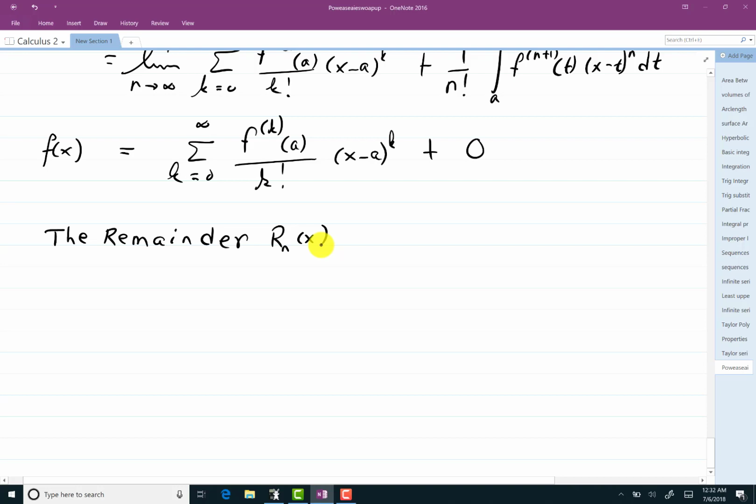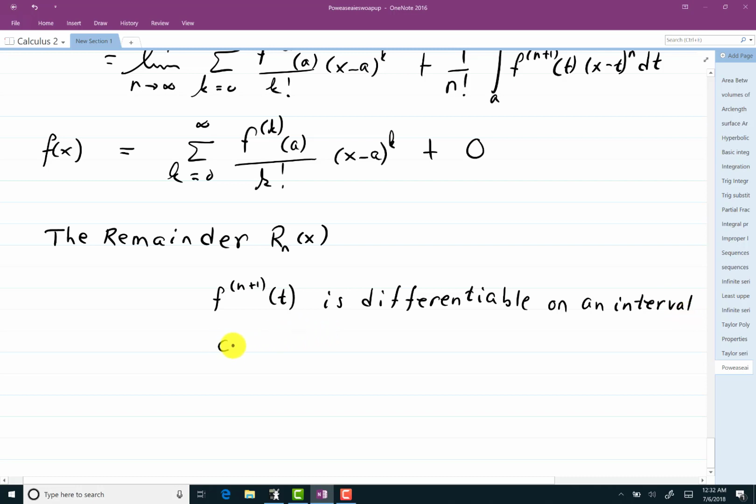Consider this function here, f to the n plus 1 of t is differentiable on an interval containing the closed interval from a to x.